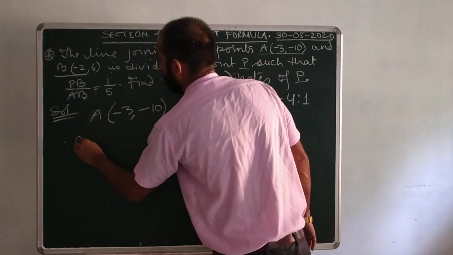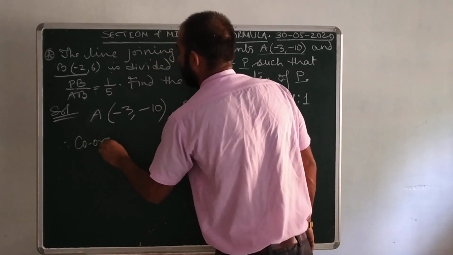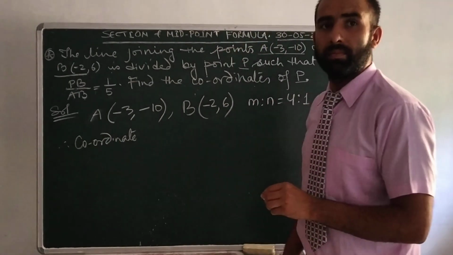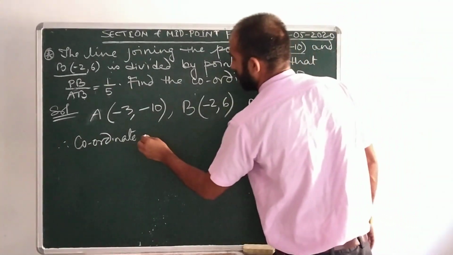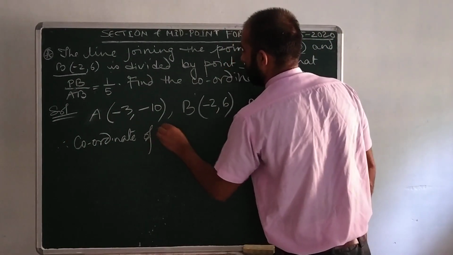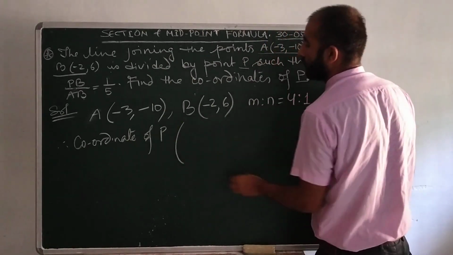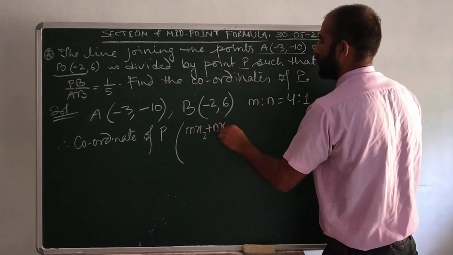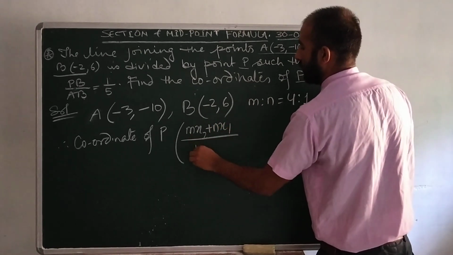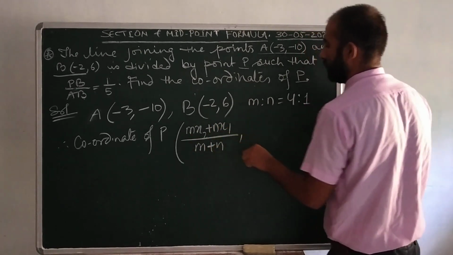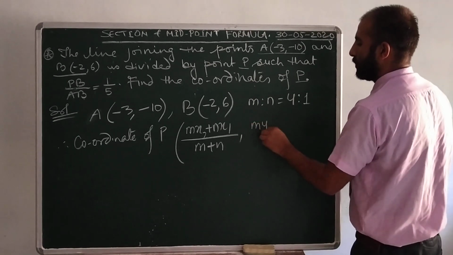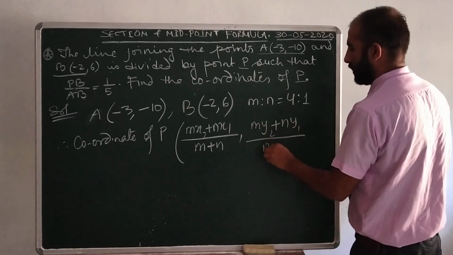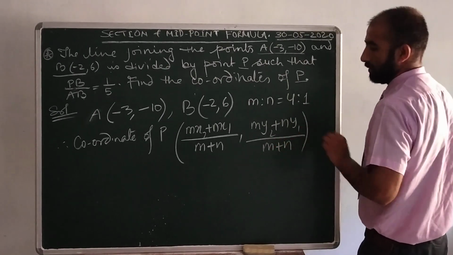Therefore, the coordinate of P. Let's use section formula: Mx2 plus Nx1 by M plus N, My2 plus Ny1 by M plus N.